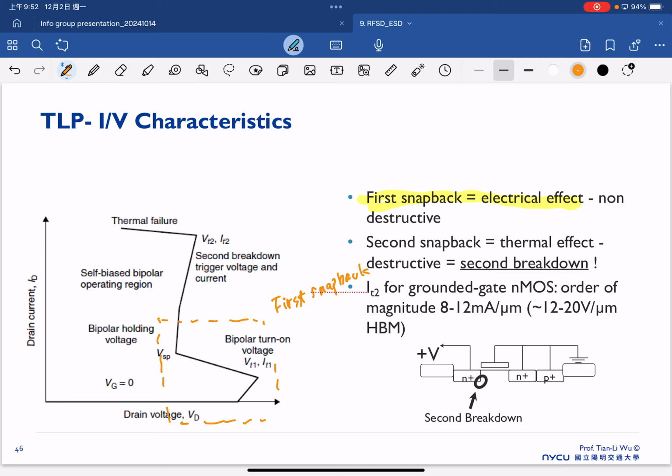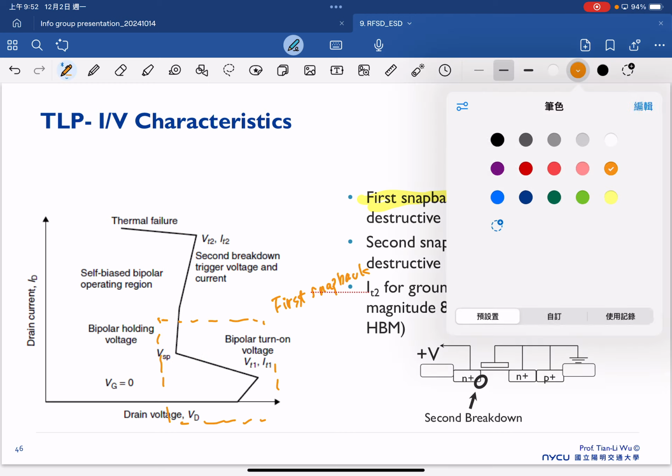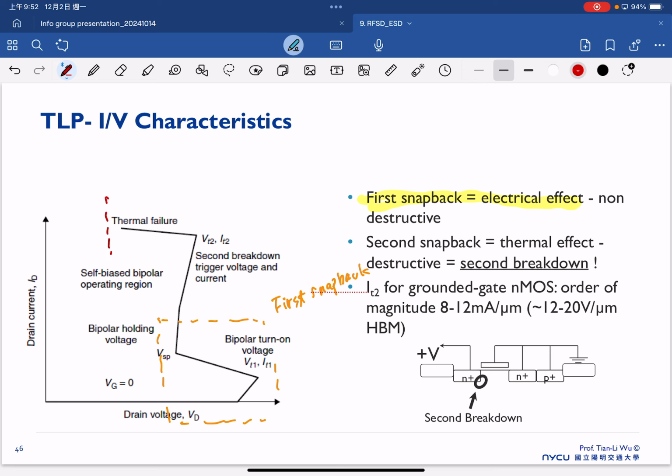But the problem is that if we continue to let the device keep turning on in this region, then we might start to see the second snapback here. The second snapback might be the problem because it will cause thermal failures. That will cause the second breakdown here. So that becomes something we have to worry about.